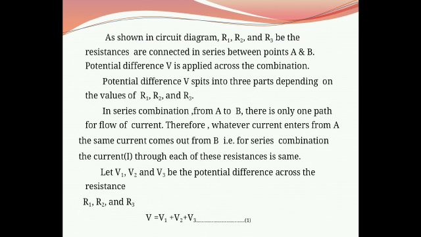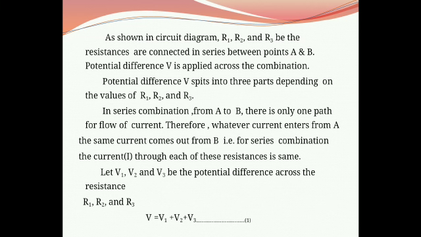Therefore, total potential difference V splits into three parts depending on the values of R1, R2 and R3. In series combination from point A to point B, there is only one path for the flow of current. Therefore, whatever current enters from A, the same current comes out from point B. That is, for series combination, the current I through each of these resistances is the same.